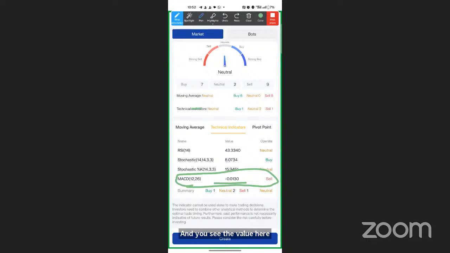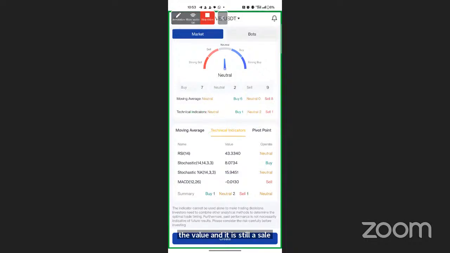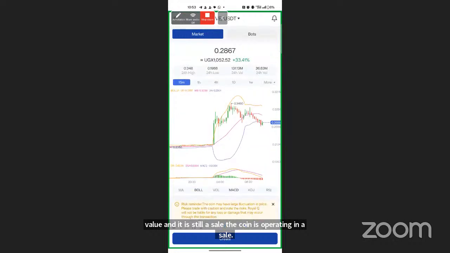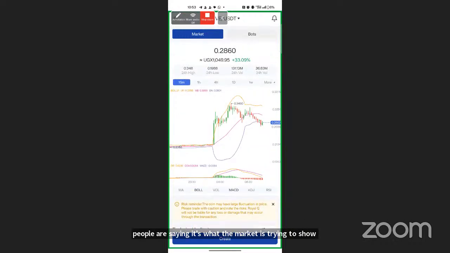It is at negative 0.0130, the value. And it is still a sell. The coin is operating in a sell. People are selling. It's what the MACD is trying to show you. But it is a lagging indicator. It does not show you what is happening in real time.